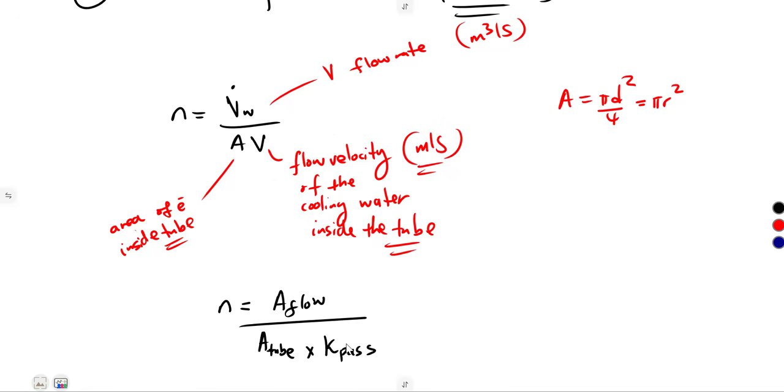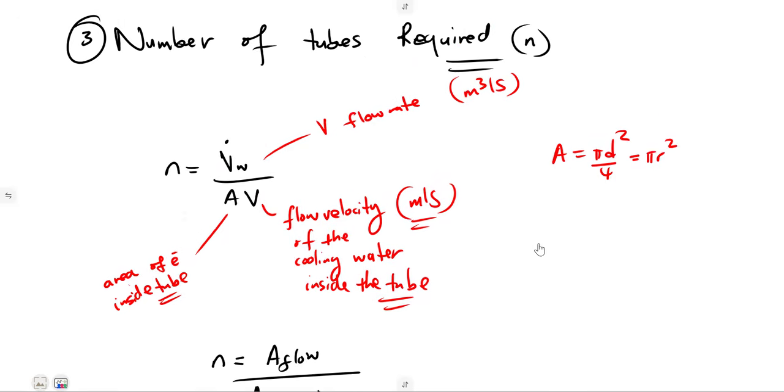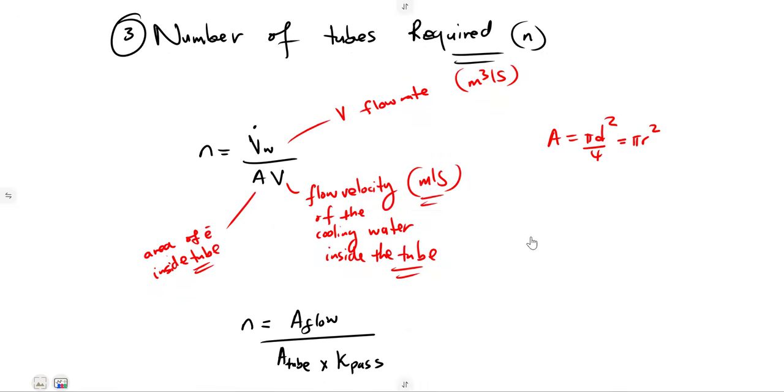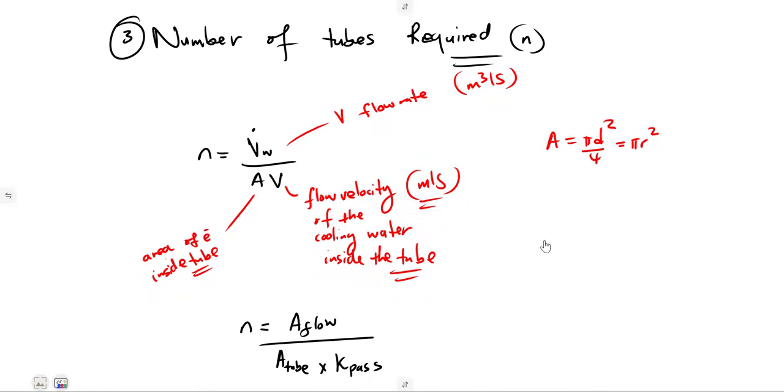So the type of condenser is the one that we're going to reflect in our K-pass, to say, is it a single pass? Is it a double? So that's direct. I think here we can use it to calculate the number of tubes. So there are two formulas, like I said. In fact, there are so many ways, but for the sake of not having a lot of complications, this is what we're going to use.